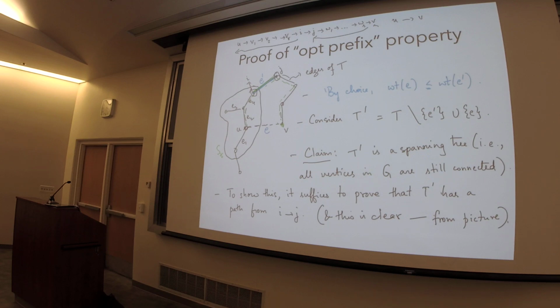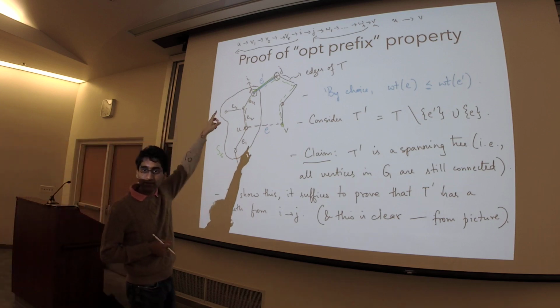So how do we know that E and E prime connect to the same connected component? So that was how I chose E prime. So how did I define E prime?